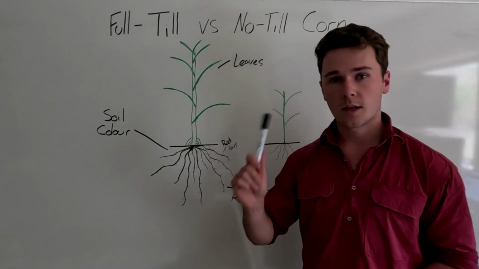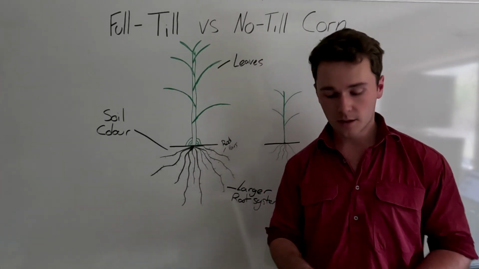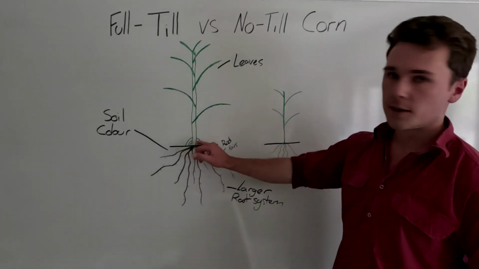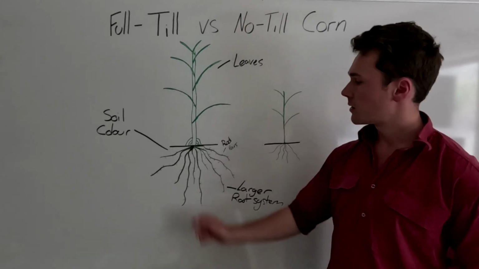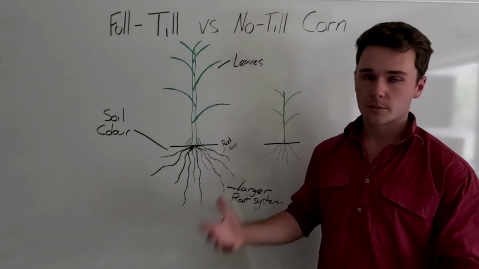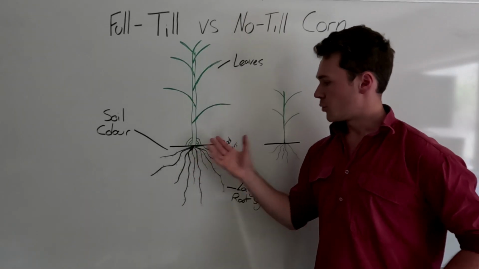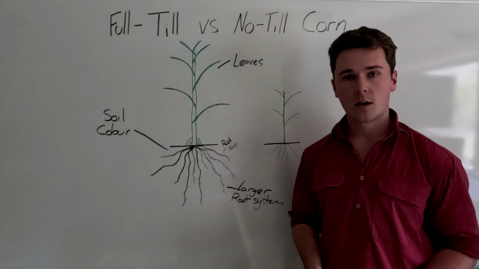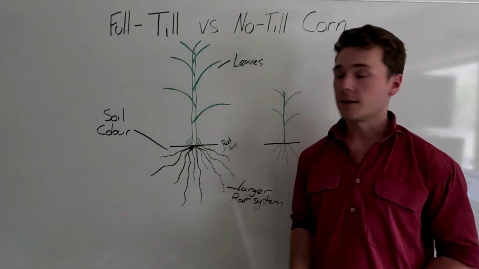The next notable thing I saw was the stem diameter. If you think about the pipes you have in your house, a wider diameter on your plant is going to allow for more nutrients and water to go into the top of the plant, into the leaves.